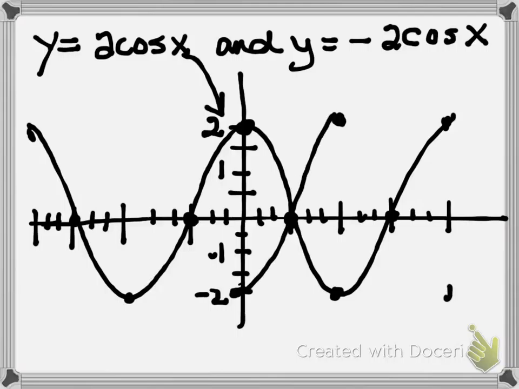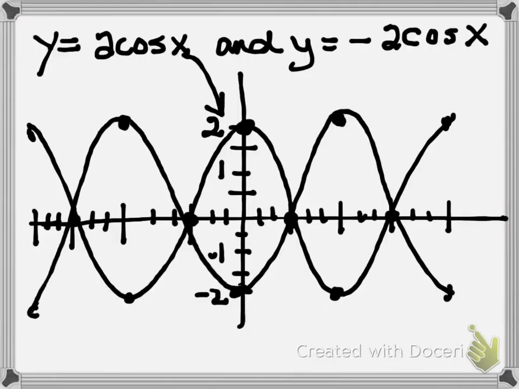So the graph is going to look like this. And on the other side, we would go to 0, positive 2, 0, and end at negative 2. So that is what we get for this one.